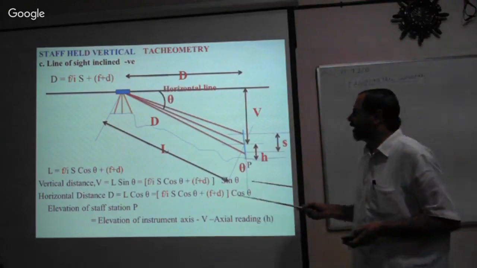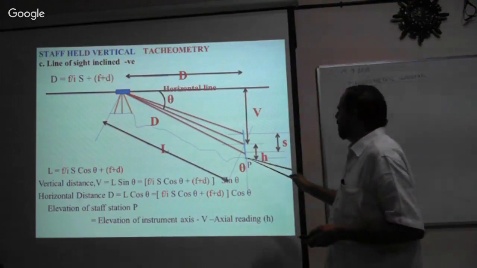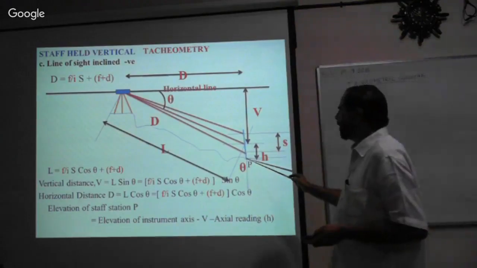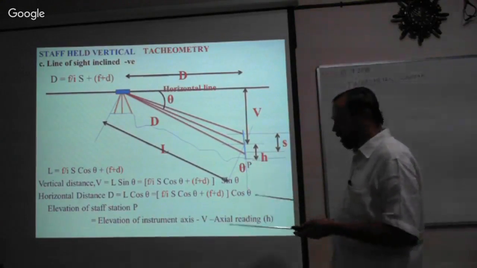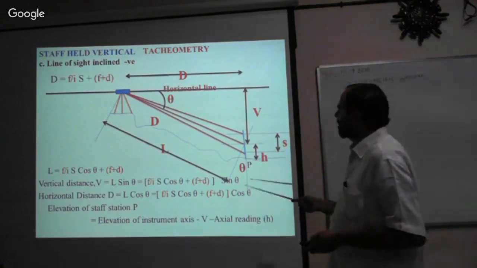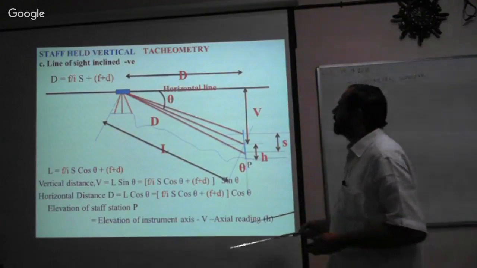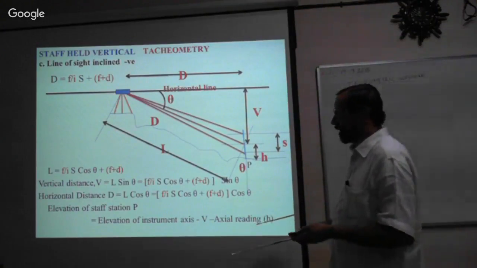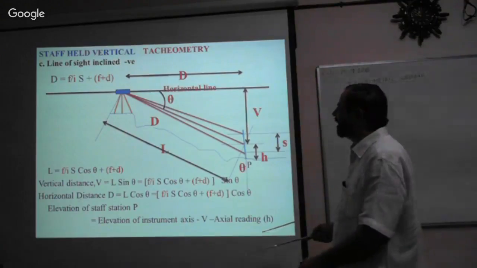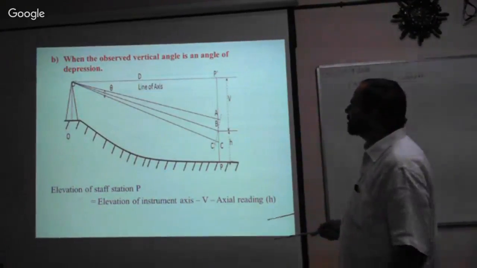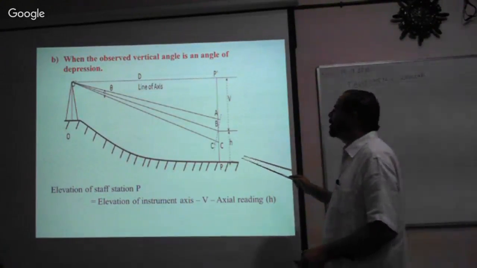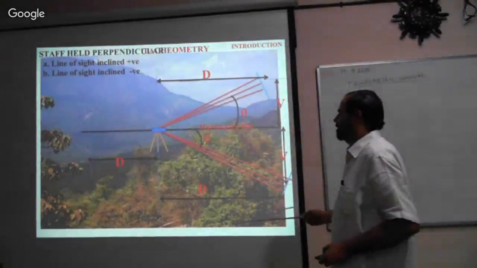Now we know how to calculate the elevation and the distance to a location. Any number of horizontal distances and elevations at any locations can be computed. This is the diagram taken from the textbook.